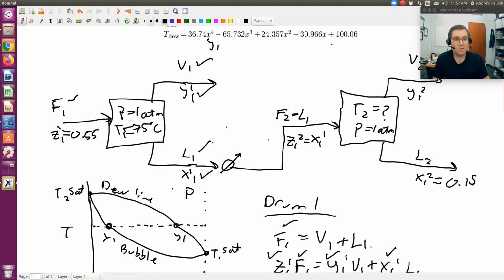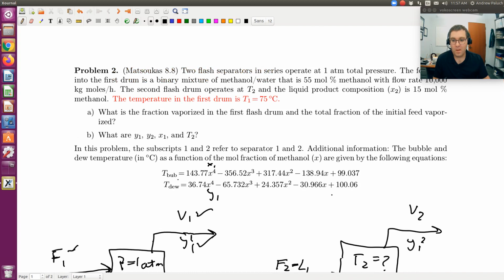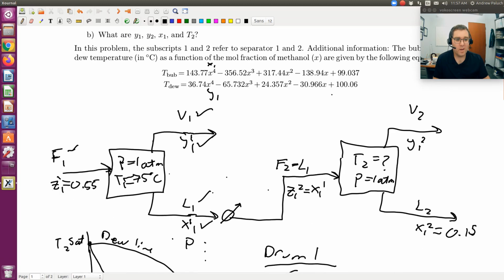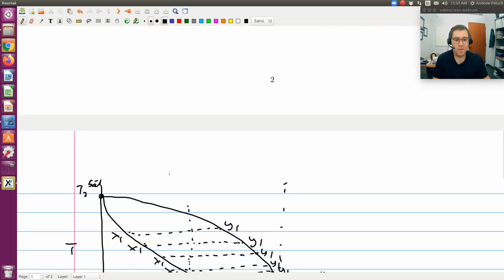And how you would have to do that is that liquid compositions come from T bubble, my bubble point line. So basically now I would have to plug in X1 is 0.15, and I would use that to solve for T from my bubble line expression.